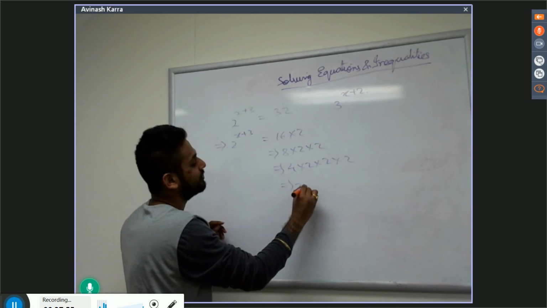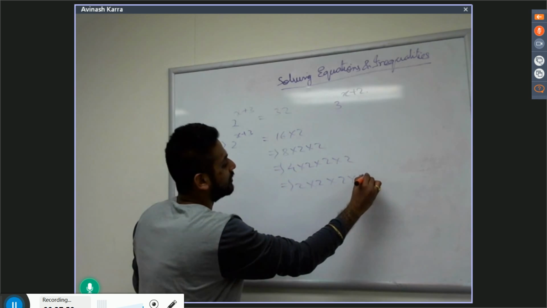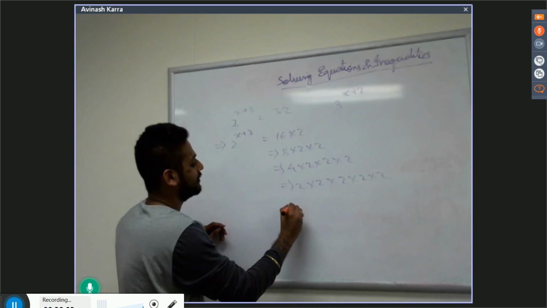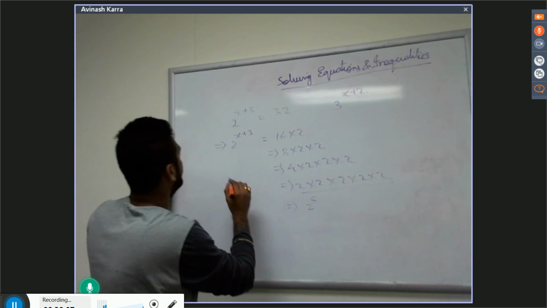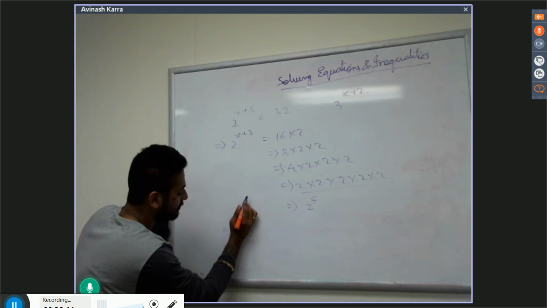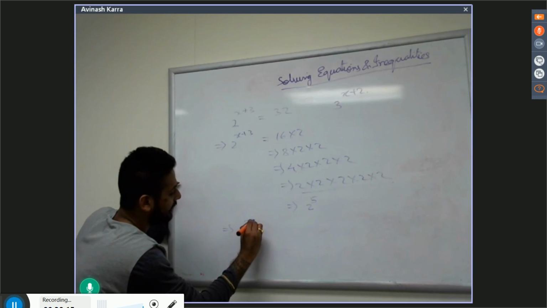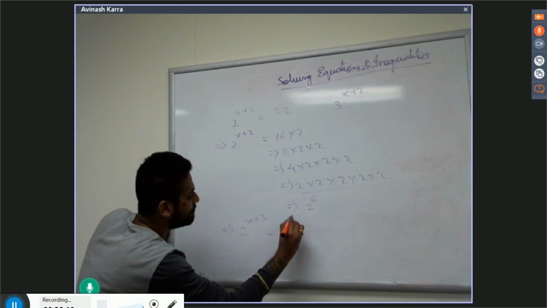And 4 can be written as 2 into 2, so 5 2s. So what is 32? 2 to the power of 5, right? So what is given? 2 to the power of x plus 3 is equal to 2 to the power of 5.